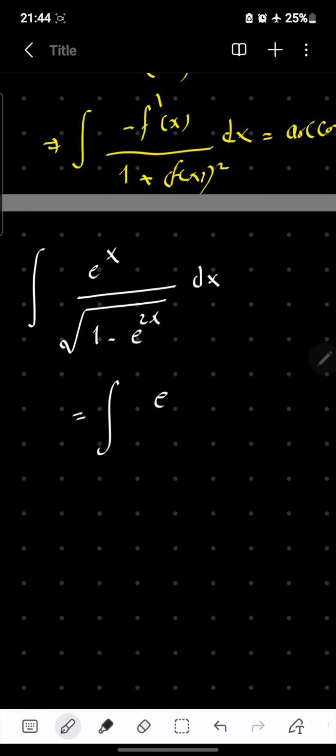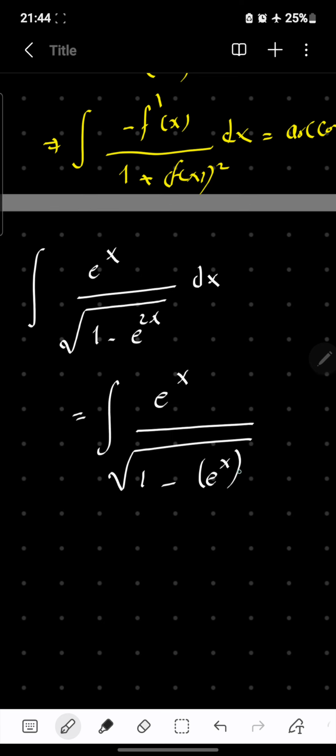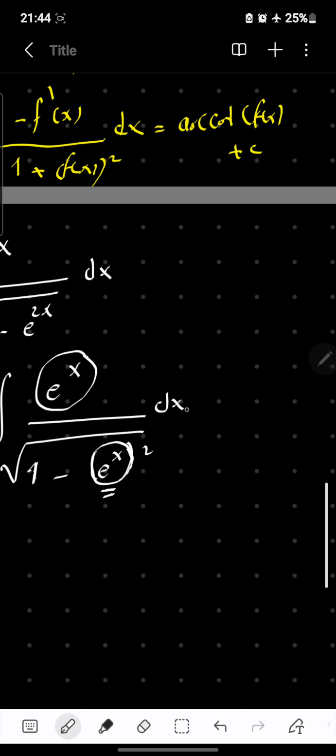Here we have e power x and 1 minus e power x squared, so we have 1 minus a function squared, and the derivative of this function is up there. So it will be arc sine of this function f of x, which is e power x, plus c.